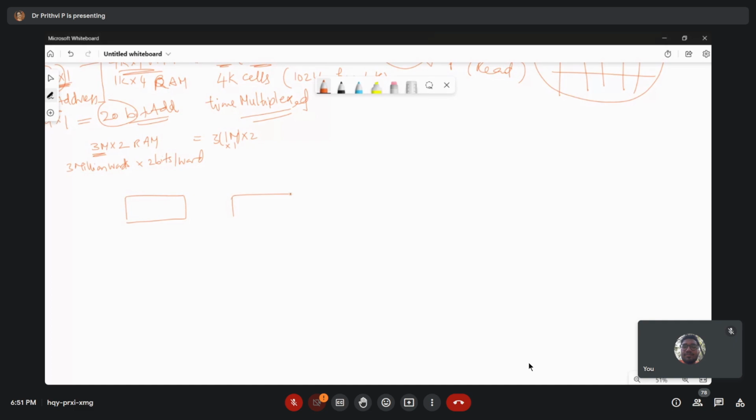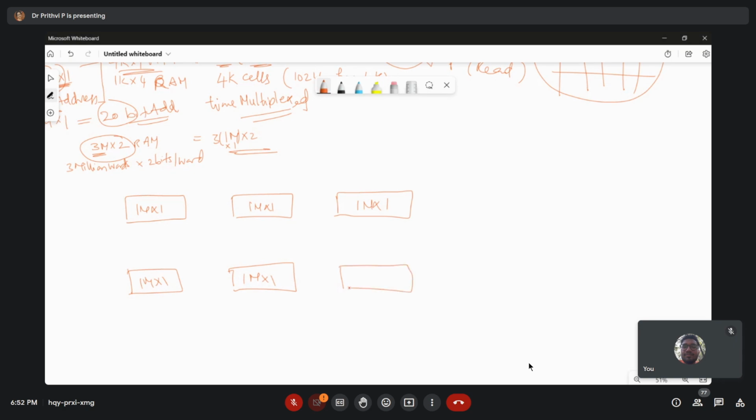Able to understand what I am saying? Directly I am not taking 3M into 2, rather I am splitting this as 1M into 1, 1M into 1 and 1M into 1. This is now 3M into 1. But what we are trying to design is 3M into 2. So repeat this 1M into 1, one more row.